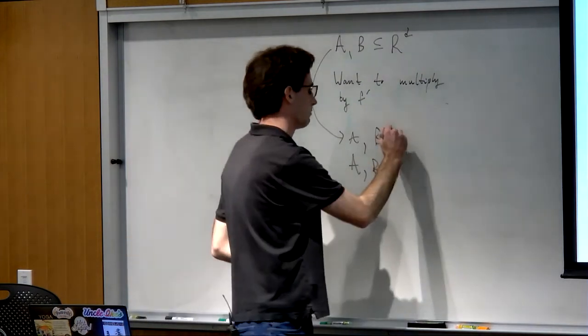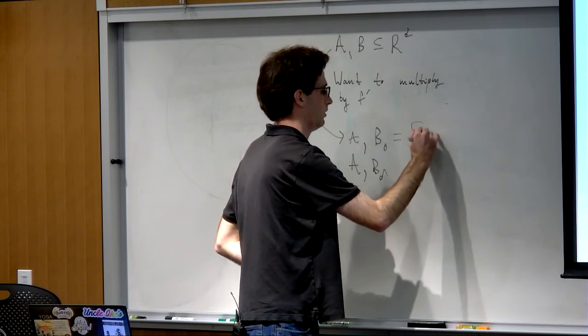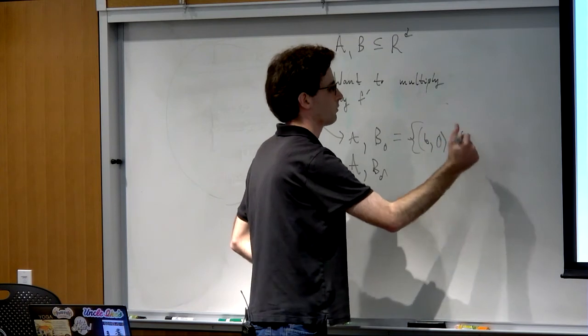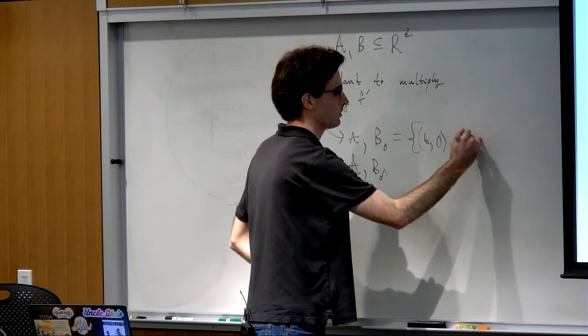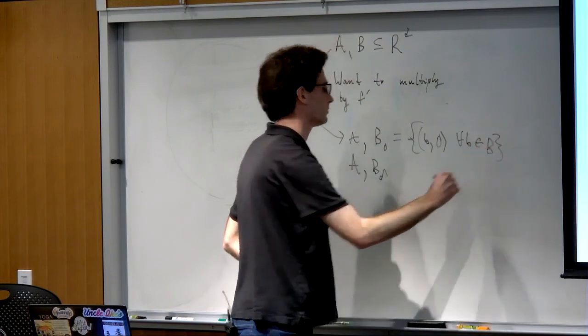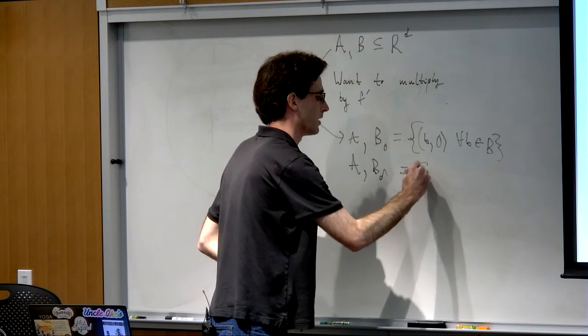B0 is just the set of coordinates where you tack on a 0, and B delta is the set where you tack on a delta.